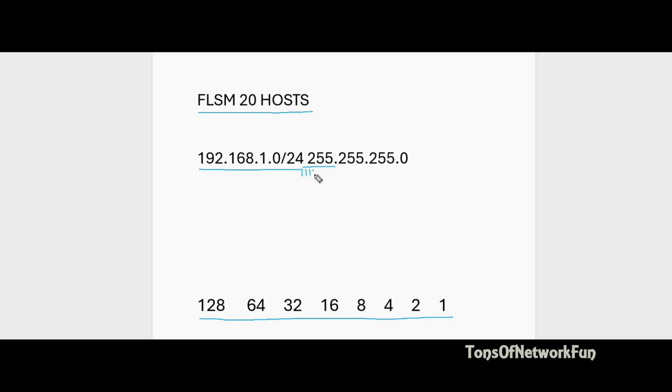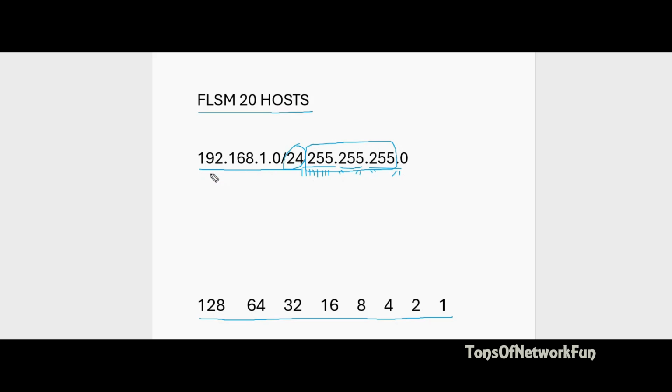You have 8 here, then another 8 under the next 255, and another 8 under this 255. So 8 plus 8 plus 8 equals 24. This is how you get 24. If it's showing 255, just remember you have 8 ones. Then 8 ones, and you get 24 network bits.